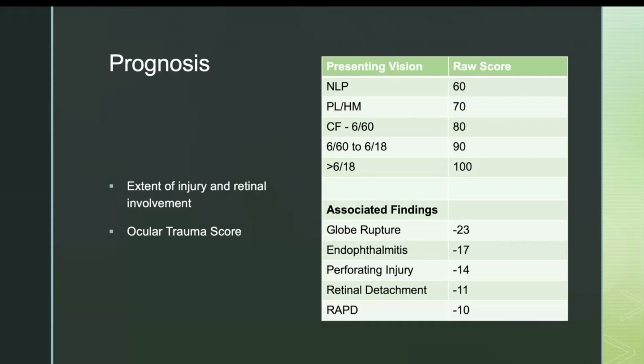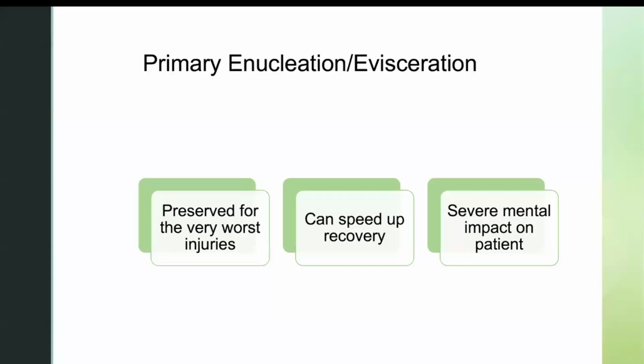If they present with no perception of light, their initial score is 60. That's the lowest raw score that they can have, and then they have higher scores if they present with better vision. And then you essentially subtract a certain number depending on what else they have. Globe ruptures, endophthalmitis, perforating injury, retinal detachment, and RAPD will all subtract points, and then your total score gives you an idea of prognosis out of 100.